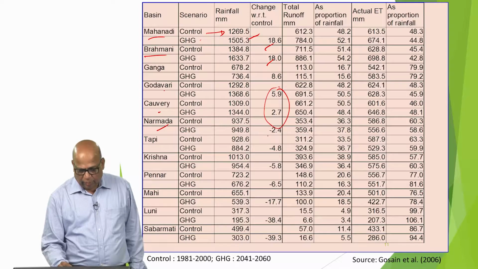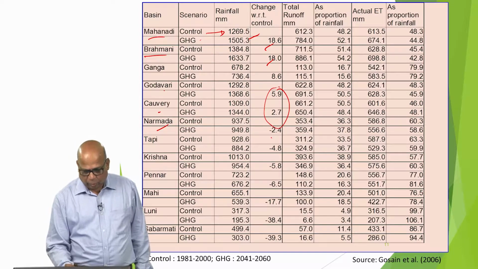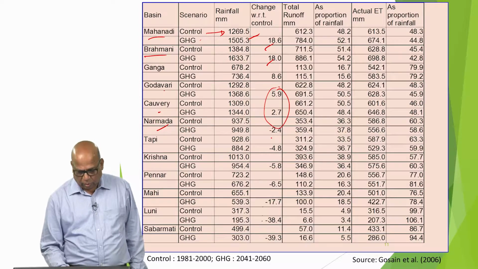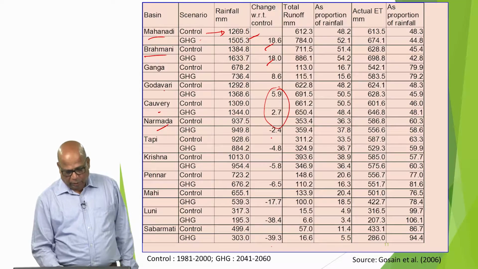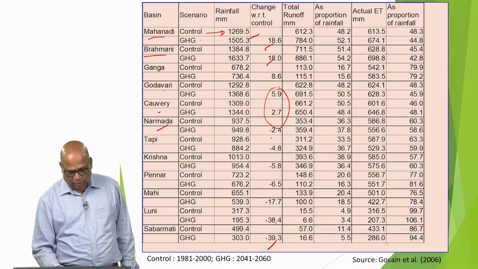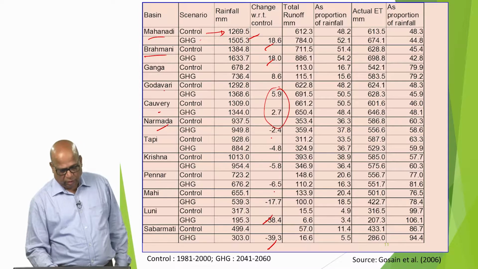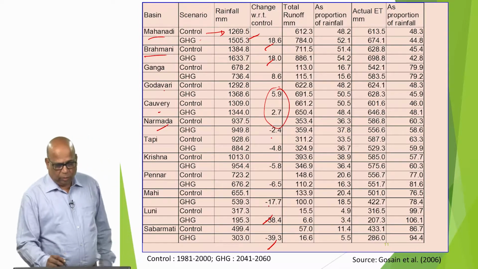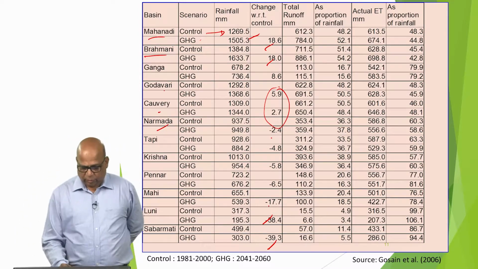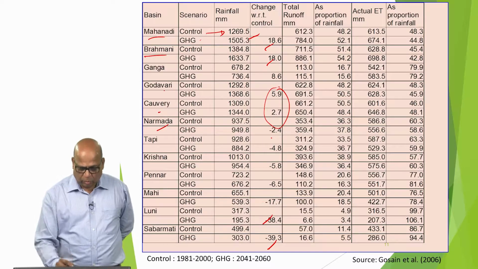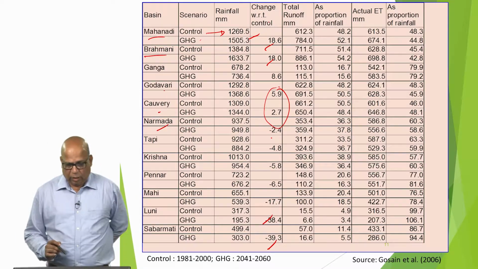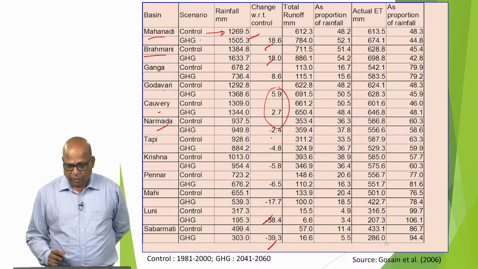But Narmada goes down minus 2.4%, Tapi and so on. But the already stressed systems such as Sabarmati, Luni, Mahi, etc., as far as that particular projection is concerned, are likely to show a significant decrease in the rainfall.